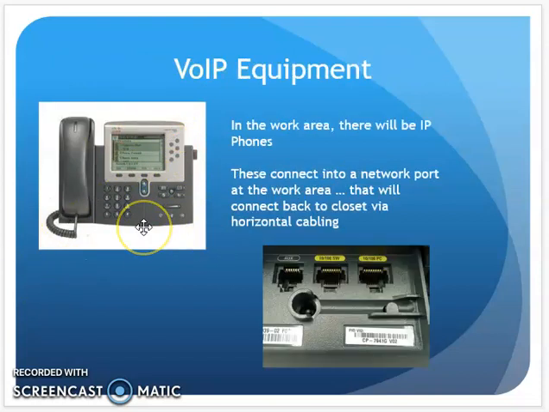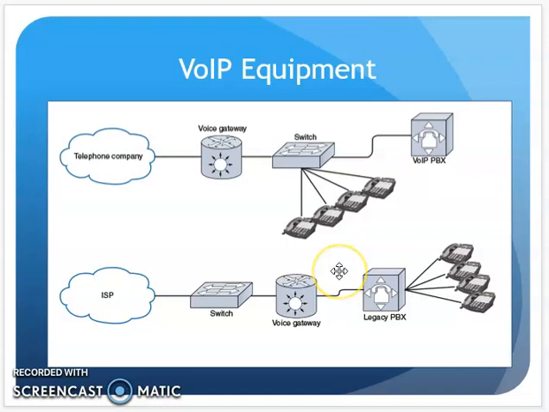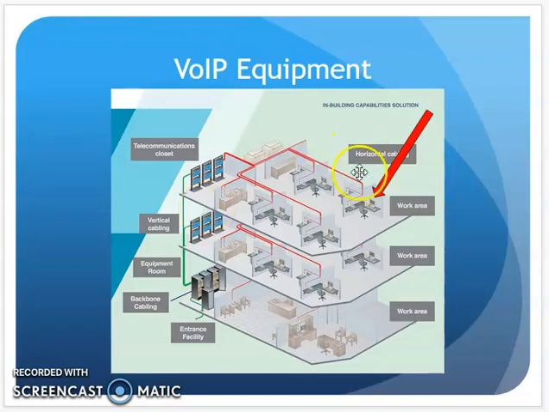This IP phone is going to convert my voice into data packets to send across a data network. So my voice over IP equipment, I used to have a phone switch, PBX. Nowadays, I usually have an IP phone plugged into my network, and my voice traffic gets routed along with my data traffic. And here's where some of the voice over IP equipment would be.